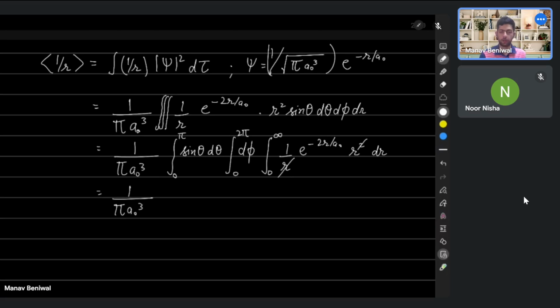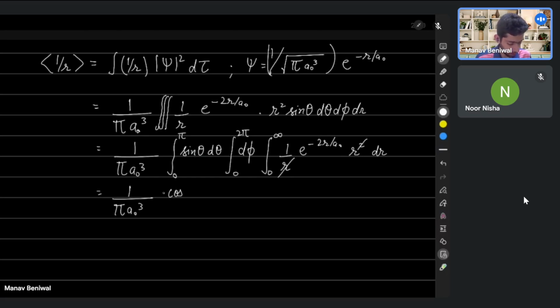Now the integration of sine theta is minus cos theta, and minus cos pi is minus 1, and cos of 0 is 1. So basically, let me rewrite.